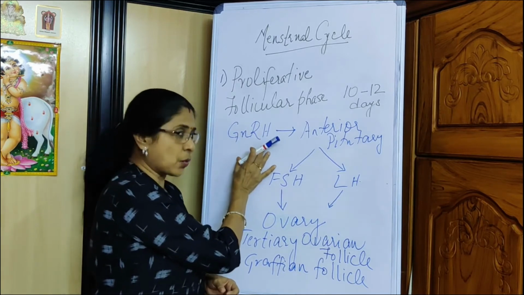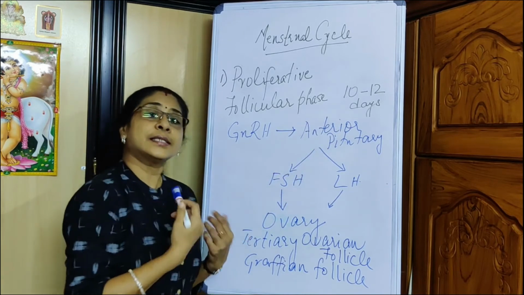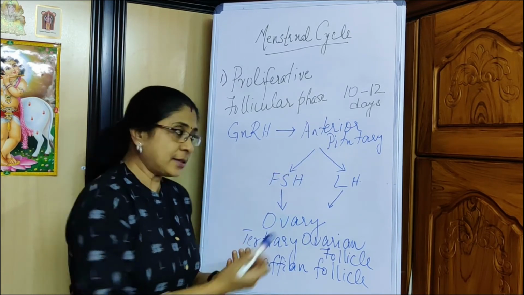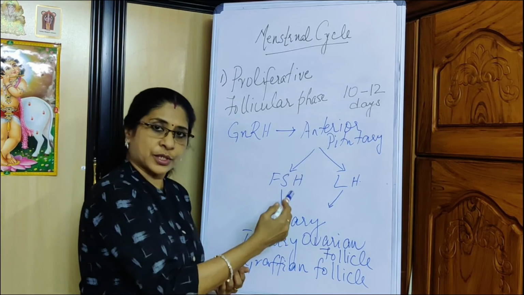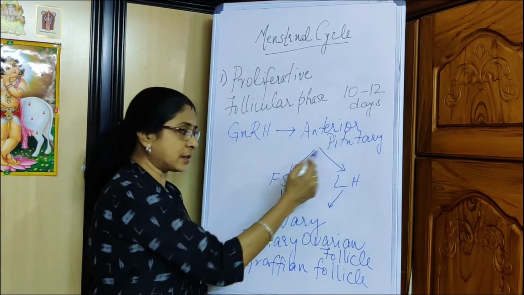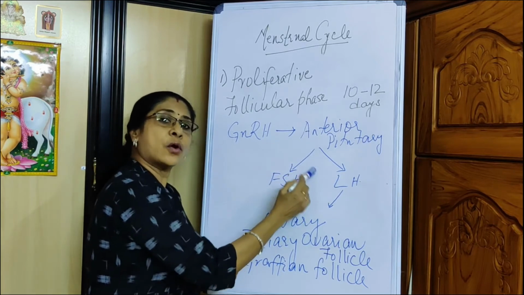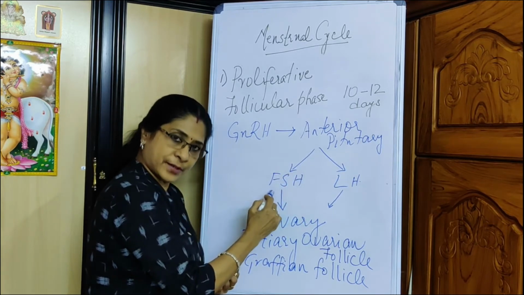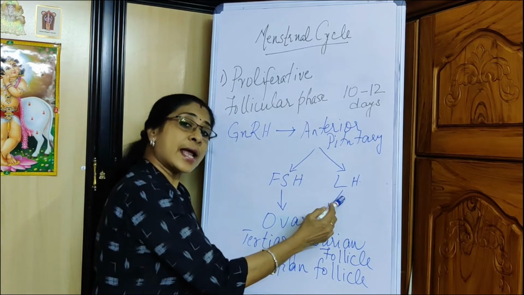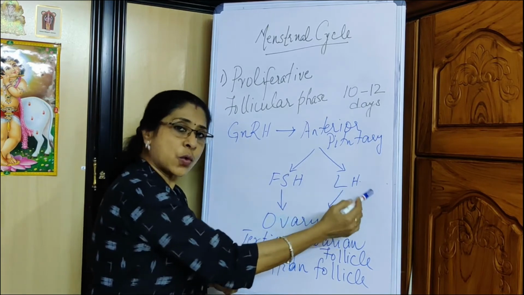This releasing hormone reaches the anterior pituitary and the anterior pituitary is now stimulated to produce 2 hormones, namely the follicle stimulating hormone FSH and the LH or the luteinizing hormone.